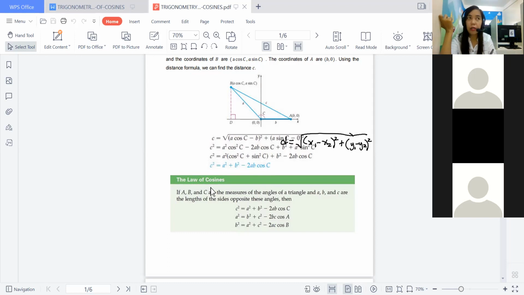Again, you're going to use law of cosines if we have SAS and SSS.